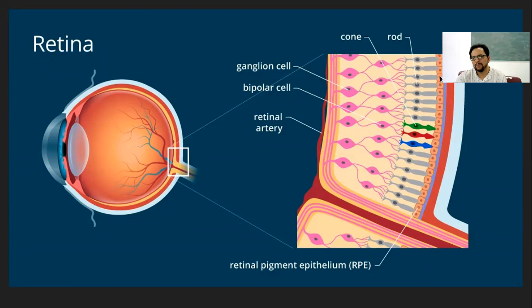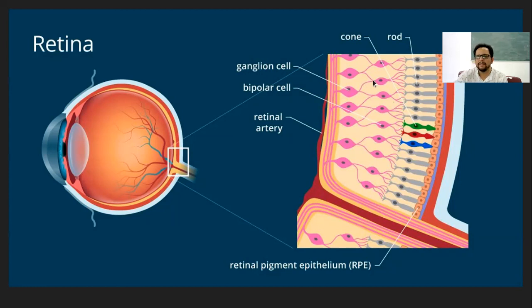And then from this square box like structure, that orange, this whole region is the retina. And within the retina you can see these rod cells and cone cells. They are just labeled: if it is rod shaped, it will be rod cells; if it is cone shaped, it will be cone cells.